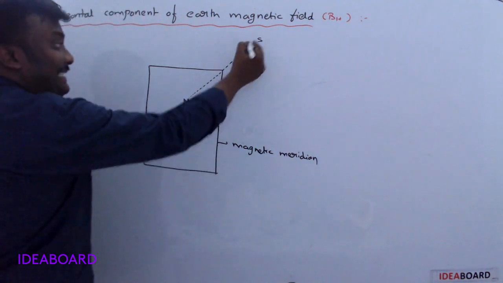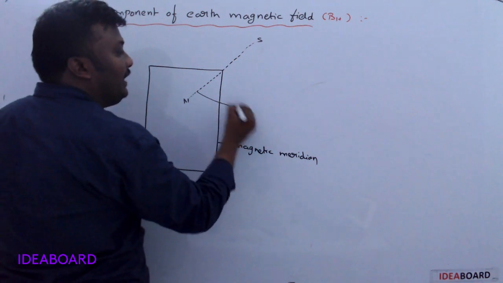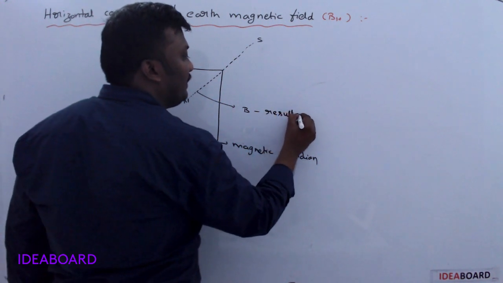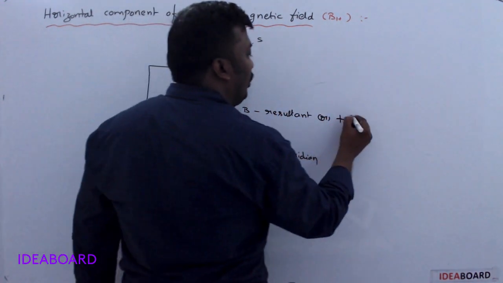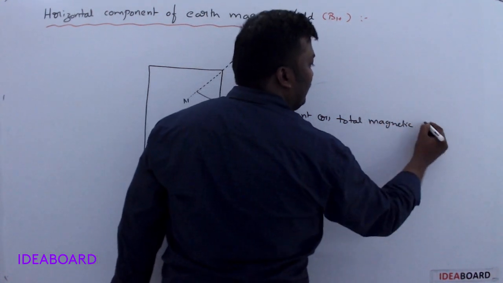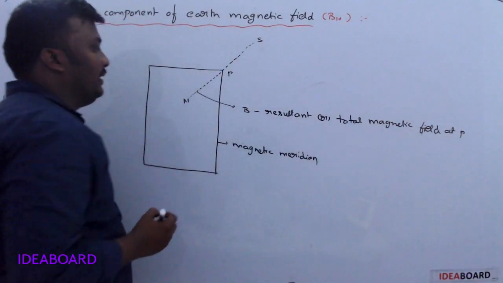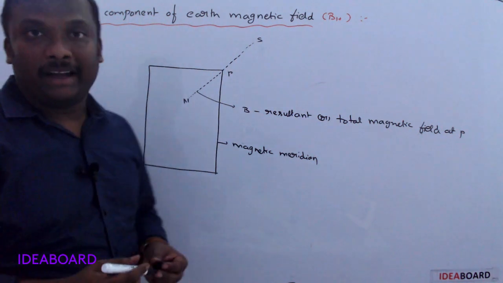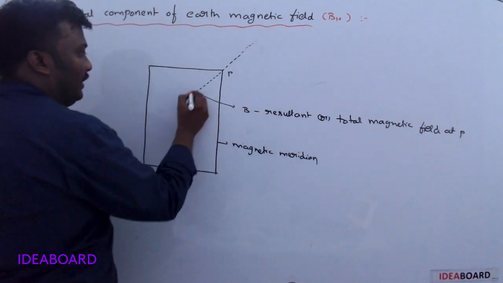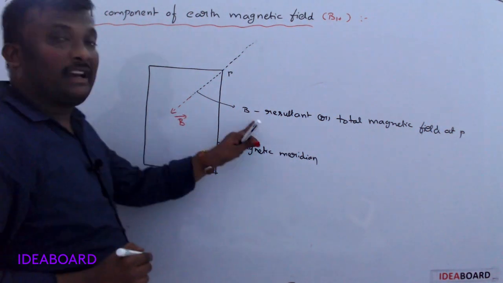Now this compass always shows the direction of the resultant magnetic field B. This is the resultant or total magnetic field at P. So at this point P, it always shows the resultant magnetic field. Let us take it as a vector. See, this extended line indicates B bar, the resultant magnetic field.